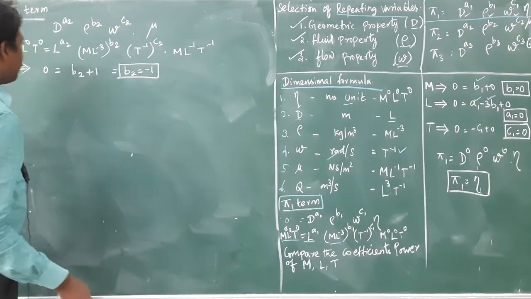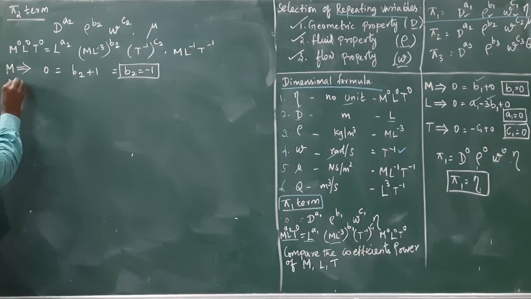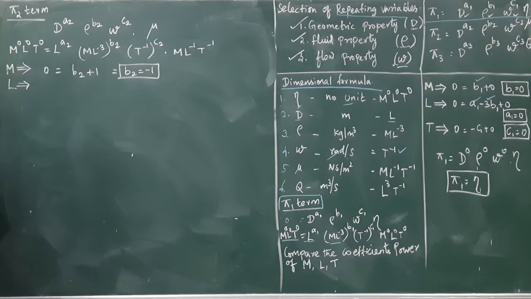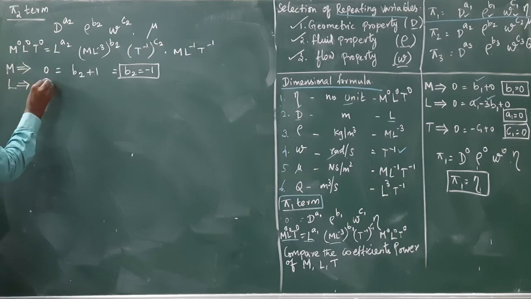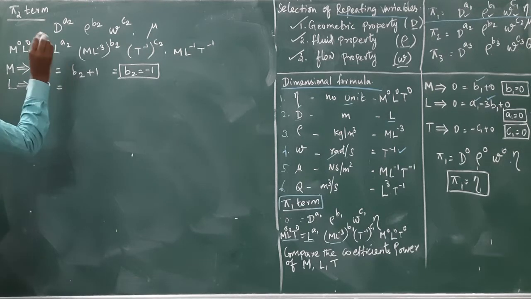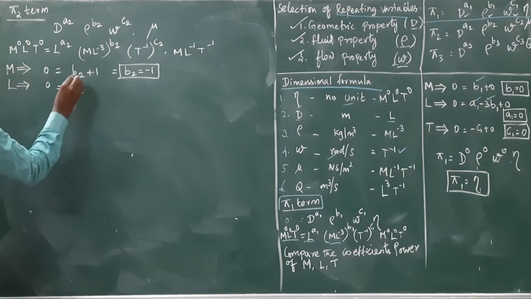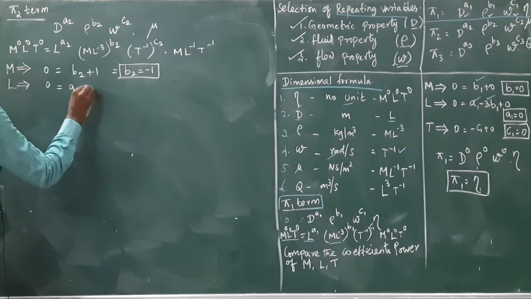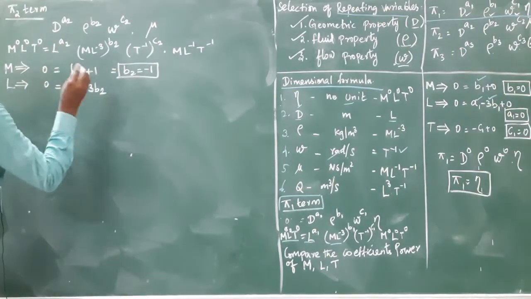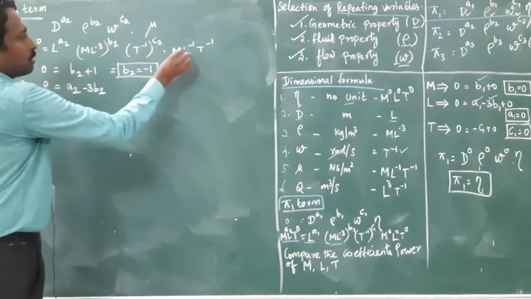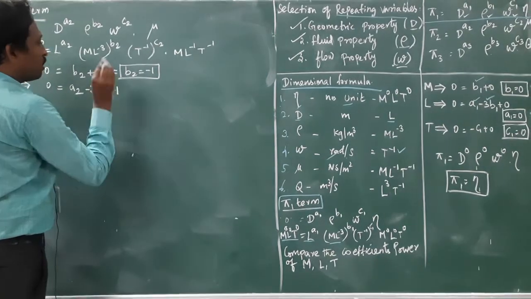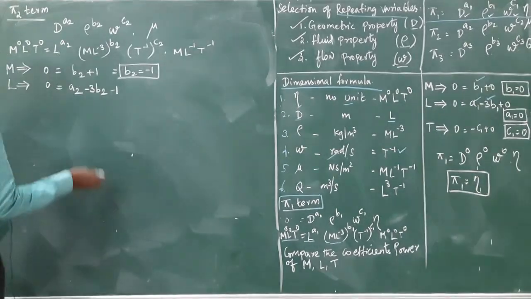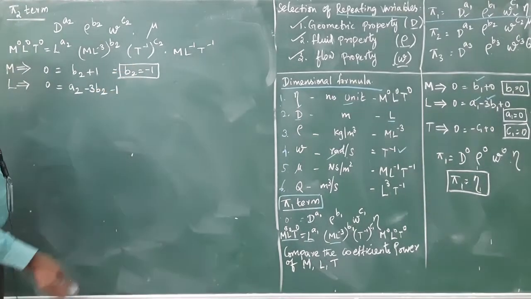Okay. Next, power of L. Power of L from this equation, left side power of L is 0. Then here L power is a2. Here L power is minus 3 b2. Here there is no L term. Here L term is minus 1. Already we know the value for b2.